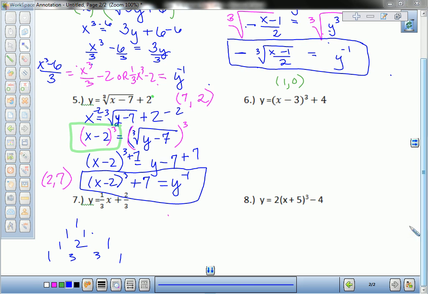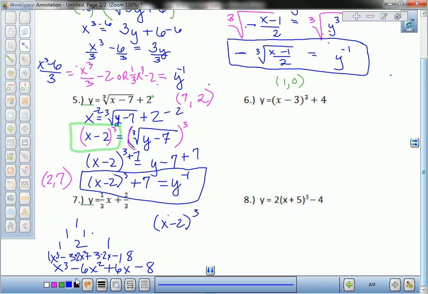So when we cube a binomial, if I actually cube this, it would become x cubed minus 6x squared plus 6x minus 8.